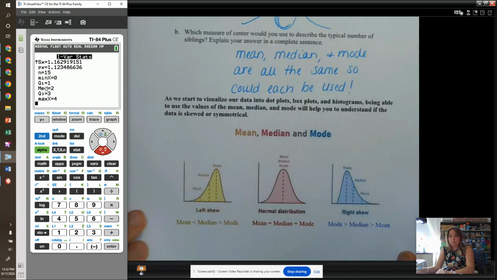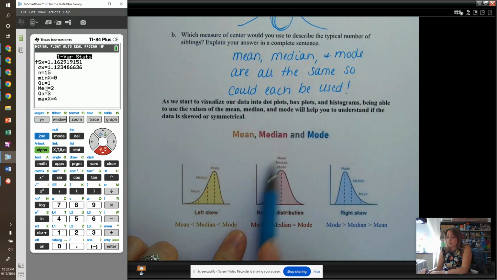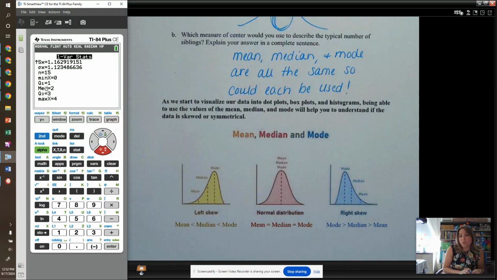And one last time, as we're visualizing that data, when they're all the same, any of those are considered your measure of center. Okay? Once you have a skew, it is best to pick the median as your measure of center.